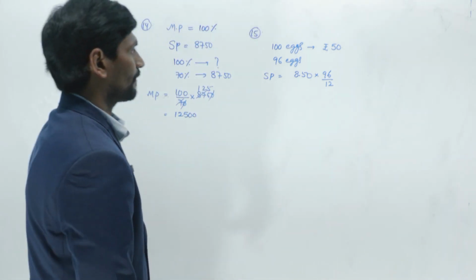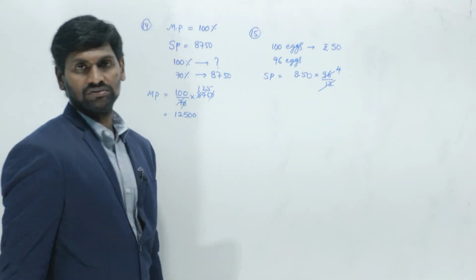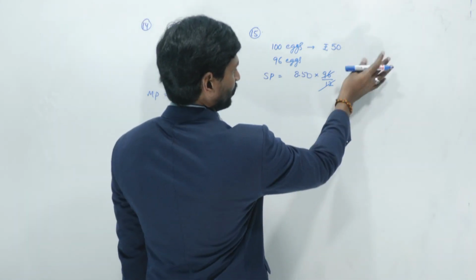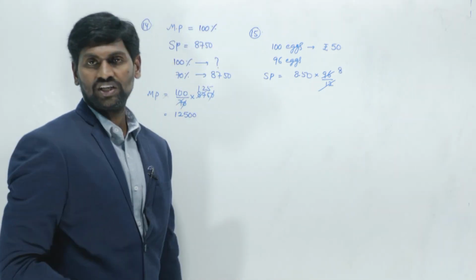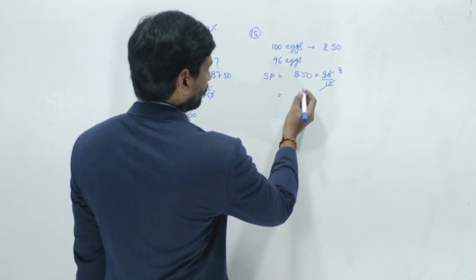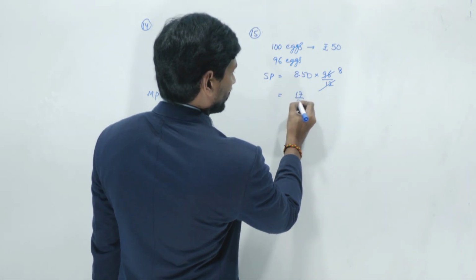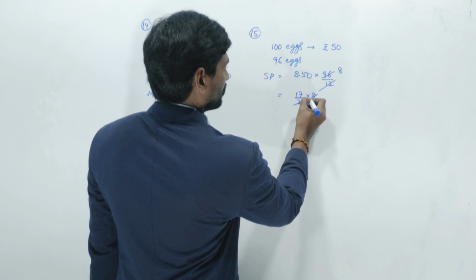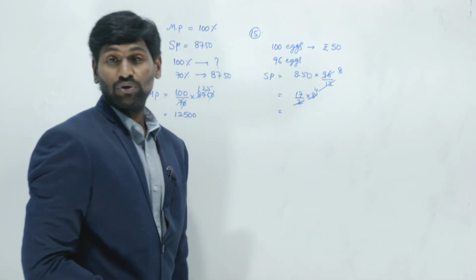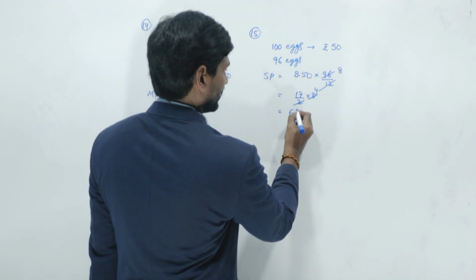So the selling price of 96 eggs is 96 by 12. 12 8s are 96. So 8 into 8.5. We can write 8.5 as 8 1/2, so 17 by 2. 17 by 2 into 8, so 4 times 17, that is 68 rupees.